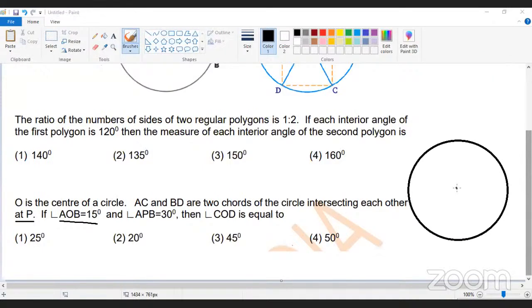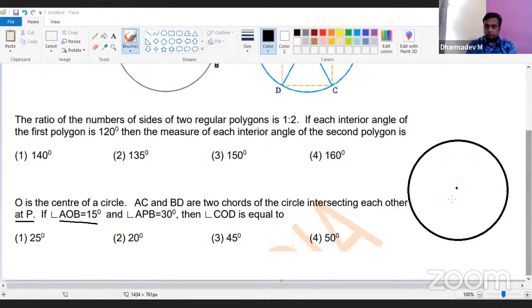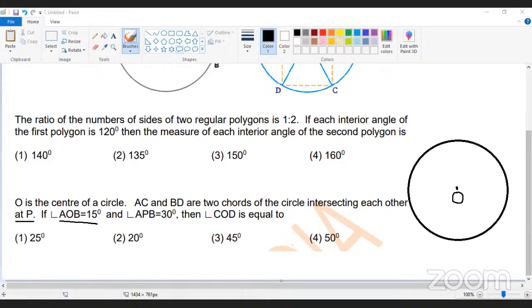They have given that AC and BD are intersecting at P. So the center point is O. Now AC and BD are two chords intersecting each other at P. Just whatever circle you have made.